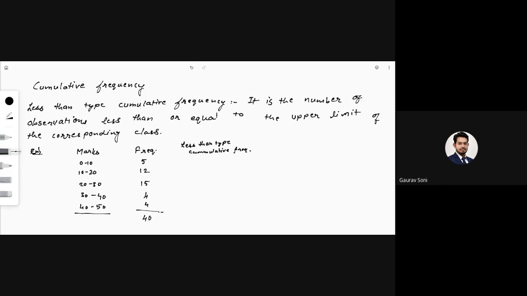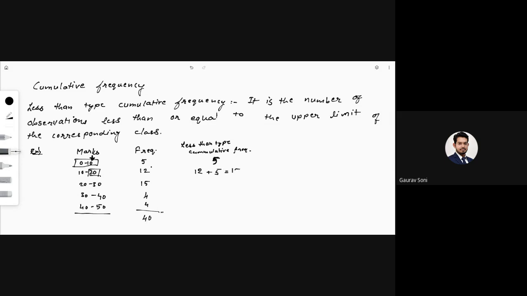When we look at the first class interval, the upper limit is 10. So all the observations which are below 10, there are 5. So this will be as it is. Then you look at the next, the upper limit is 20. So all the observations having marks less than or equal to 20 are going to be 12 plus 5, which is 17.